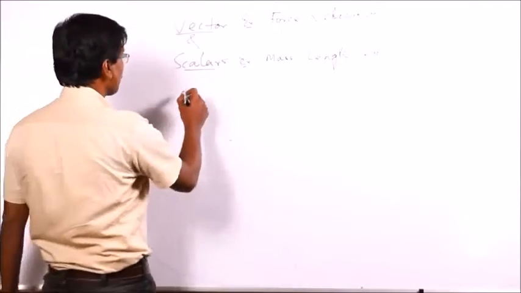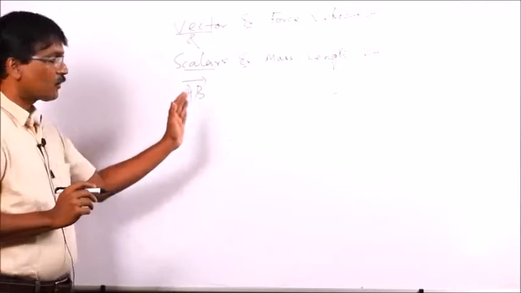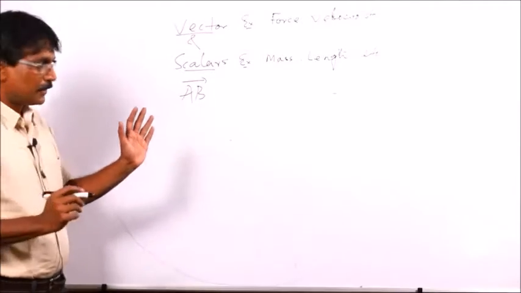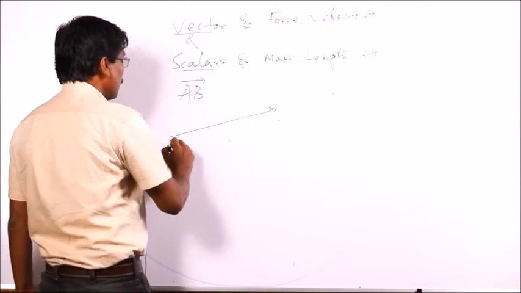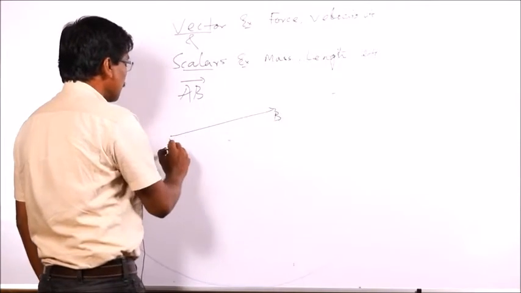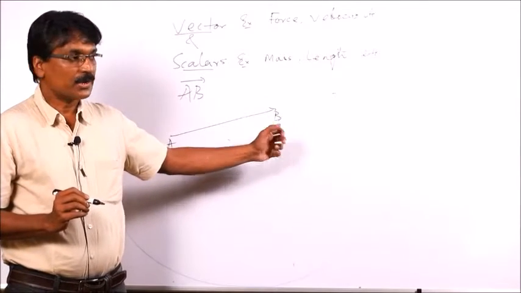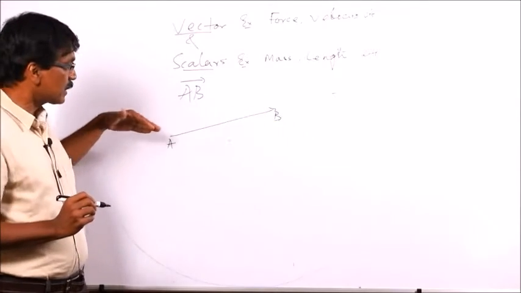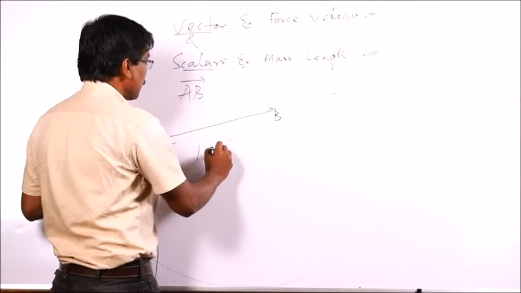Suppose AB is a vector, we can represent AB by its arrow, mentioned from A to B, where A is called the initial point and B the terminal or end point, and it has direction. The AB vector's magnitude we can denote by AB.